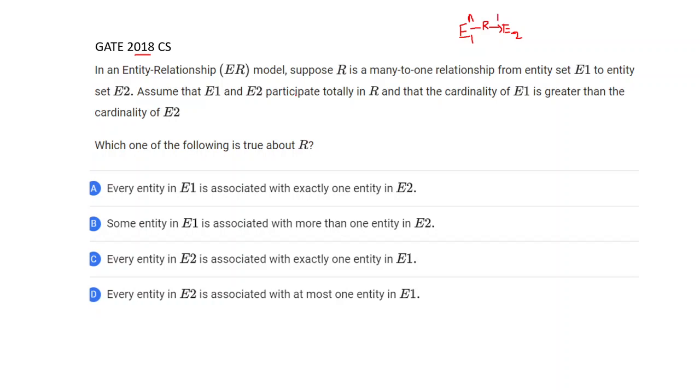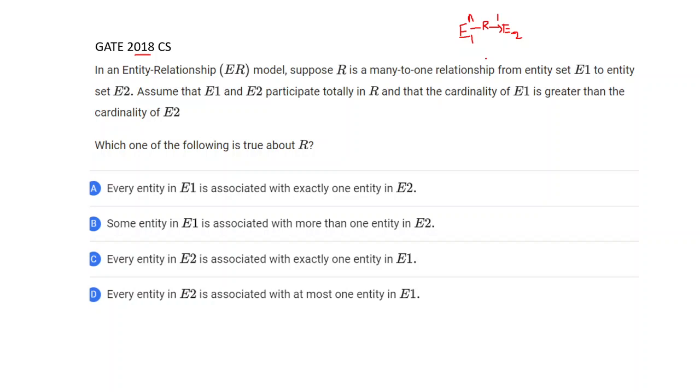Assume that E1 and E2 participate totally in R and that the cardinality of E1 is greater than the cardinality of E2. Of course, because this is the N side, the cardinality of E1 has to be greater than the cardinality of E2, and also it's an N is to 1 relationship, so cardinality is basically association.